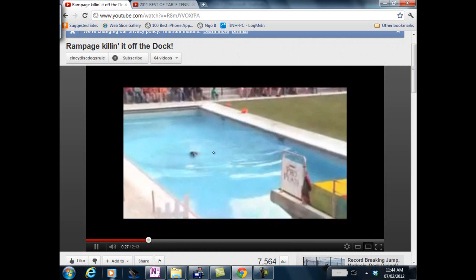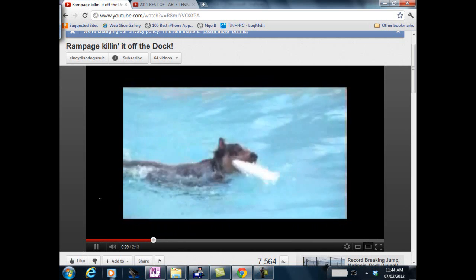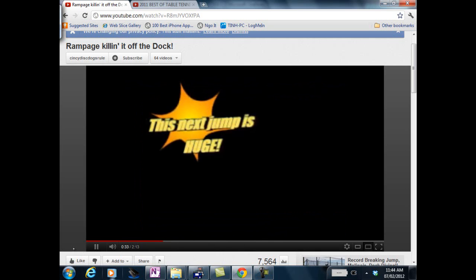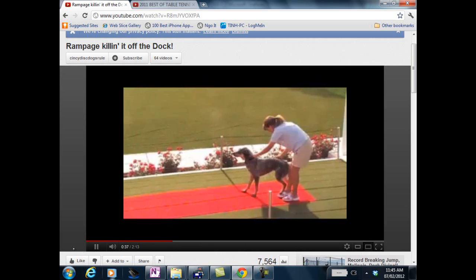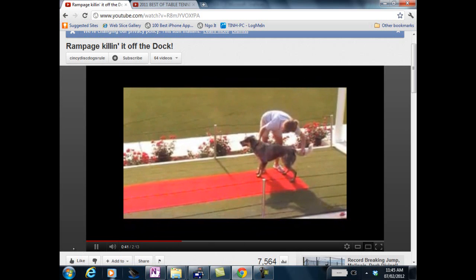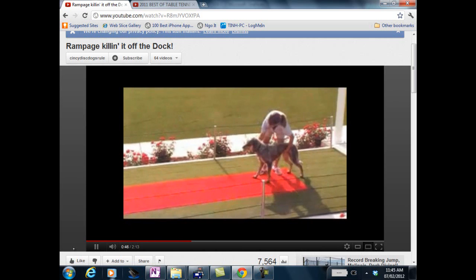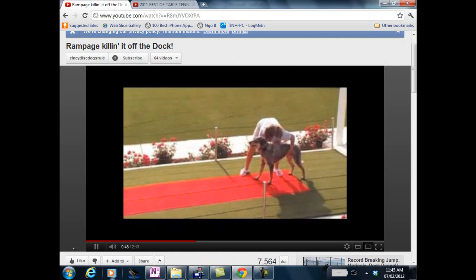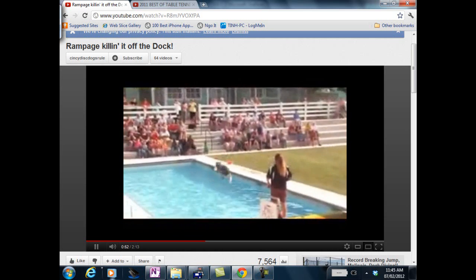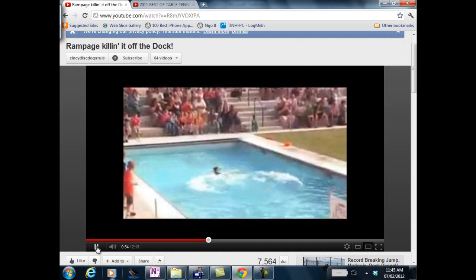And they measure how long the jump is. So that's actually a national competition that happens every year.